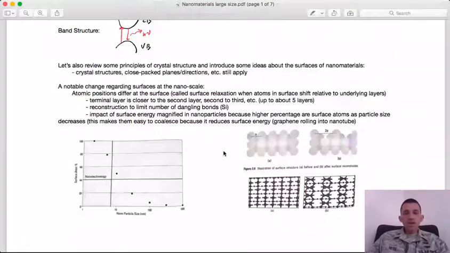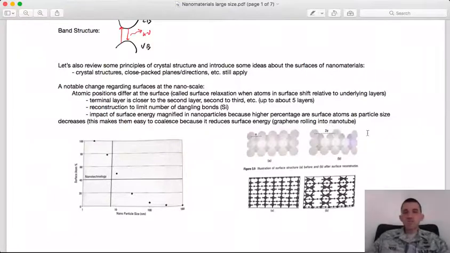What you get is a modification of the atomic crystalline structure at the surface. Those atoms reconstruct, rearranging themselves to form the lowest energy configuration they can, given the constraint that they're at the surface.